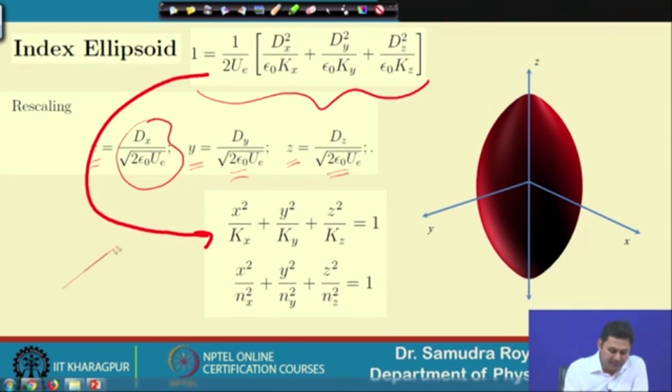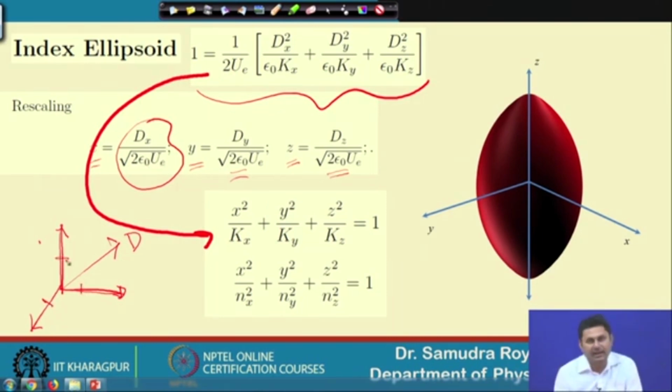So if a d vector is like this, I can divide this d vector into 3 different components along x, along y and along z, and these 3 different components dx, dy, dz are rescaled by root over 2 epsilon 0 ue, and we call these segments our x, y and z, that is all. So that means I am rescaling the components of dx, dy, dz along x, y, z to x, y and z by dividing that.